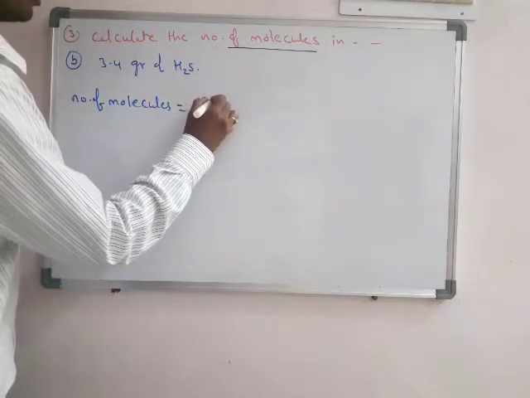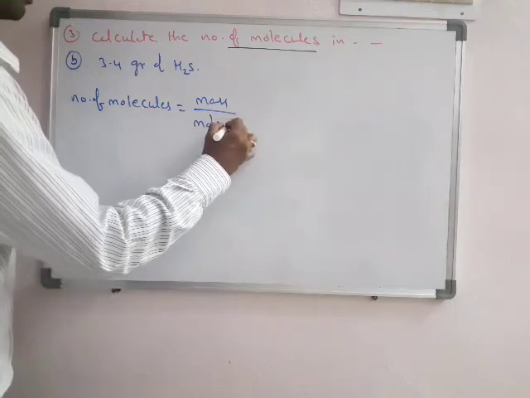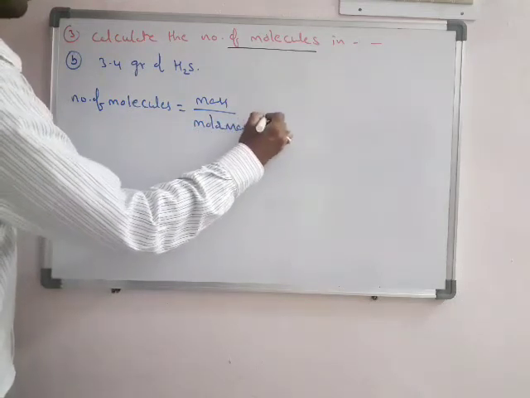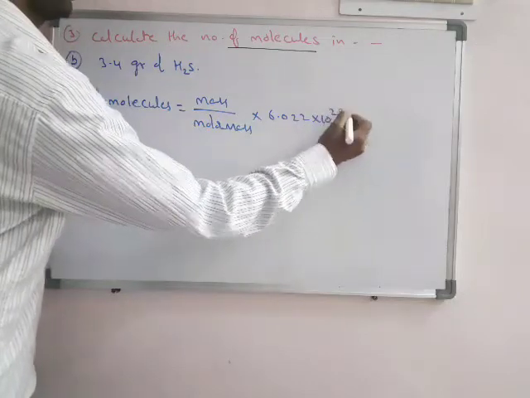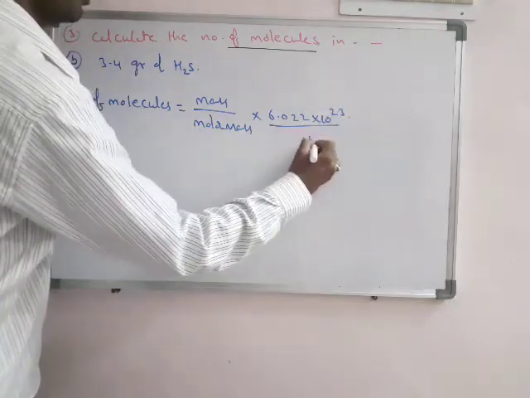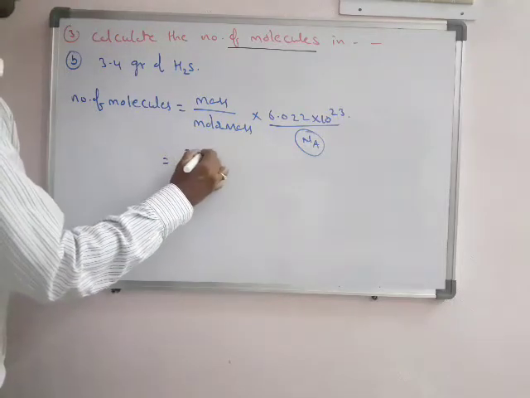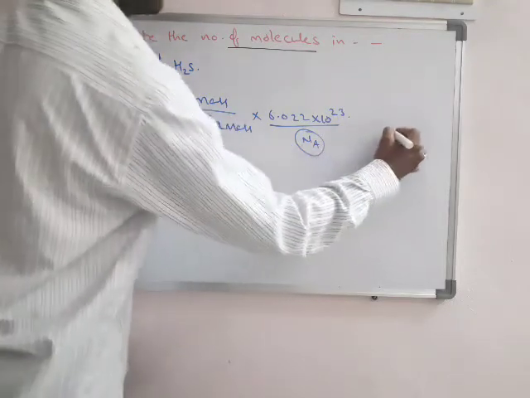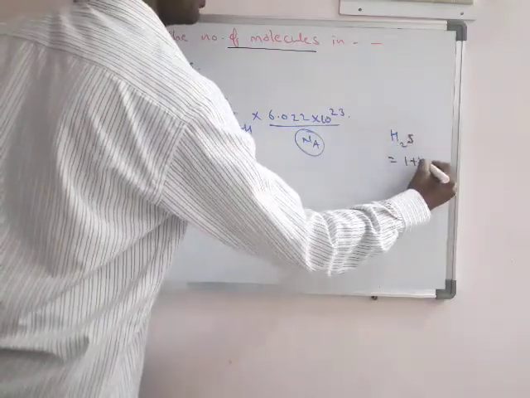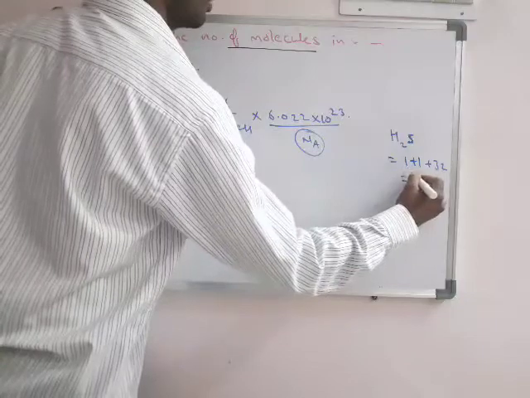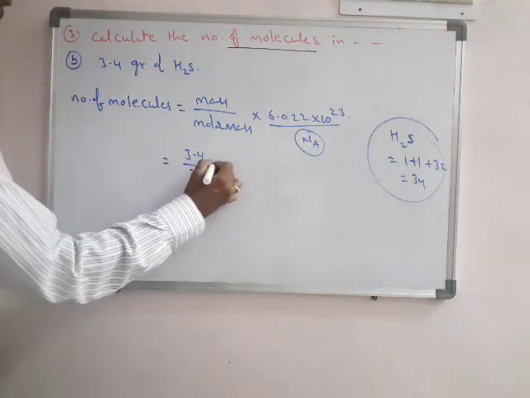Same, moles is the direct moles ratio, but moles is not given, it's given mass. So when mass is given, the formula is this. In the place of this, sometimes it is also given Na. Mass 3.4. What is the molar mass of H2S? Each hydrogen carries 1 plus sulfur 32, total 34.